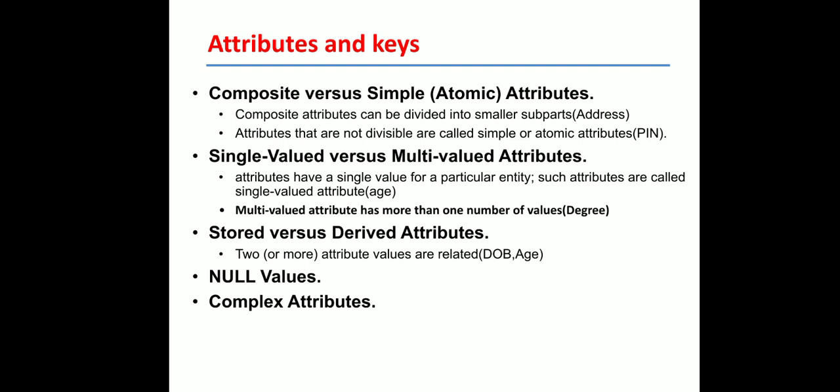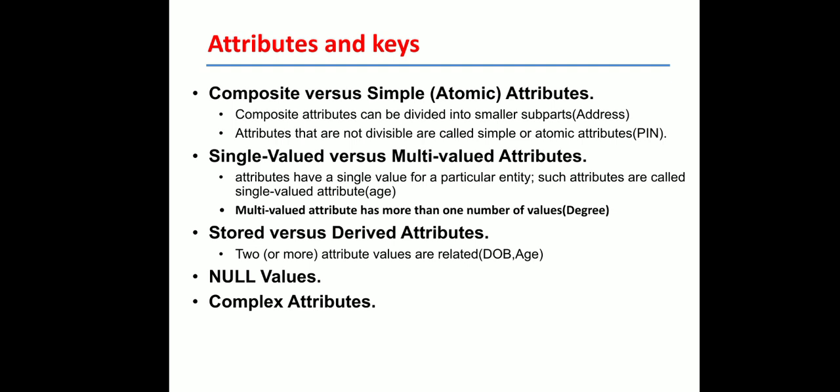This address has subparts. Such an attribute we call a composite attribute. We have another type, the simple attribute. These attributes are not divisible, and are called simple or atomic attributes. Examples are pin, the postal index number. That postal index number cannot be divided further.